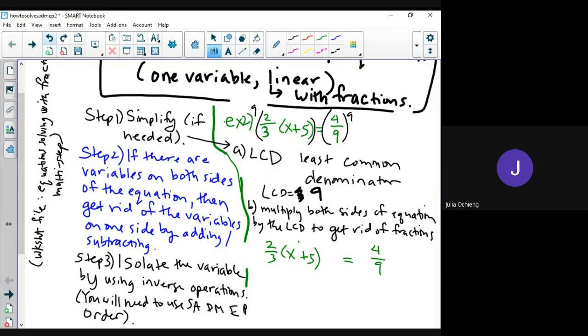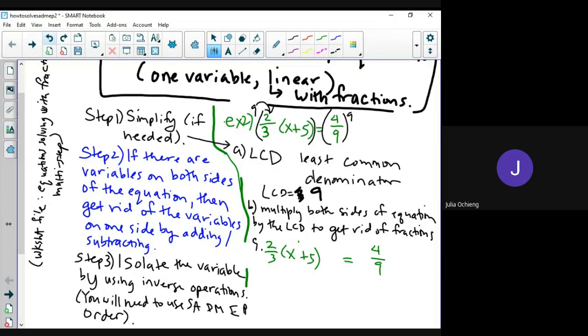Now, I'm actually just going to multiply it to the 2/3 because when I multiply that 9 to the left-hand side, it's the same thing as doing 9 times 2/3 times x plus 5. So if I multiply it to the 2/3 and I multiply it to the x plus 5, I'm actually multiplying by 9 twice, and I'm not allowed to do that because I'm only multiplying by 9 once on the other side. So you can only multiply by 9 once on each side.